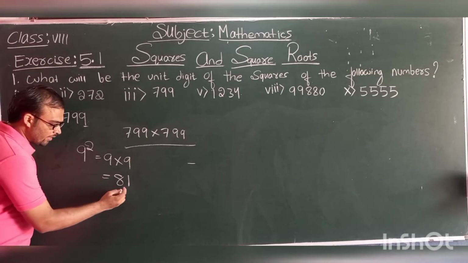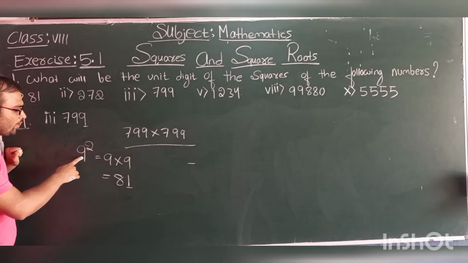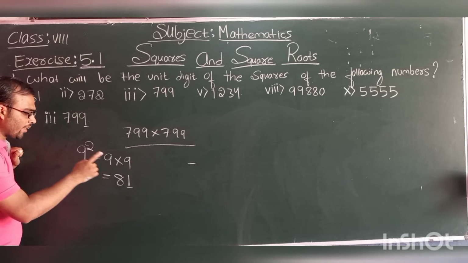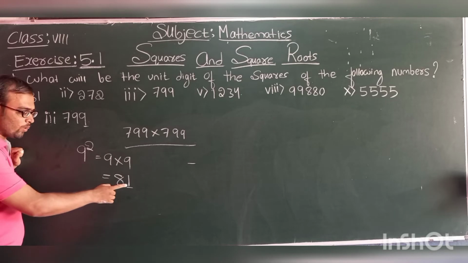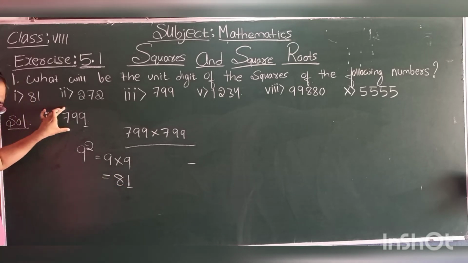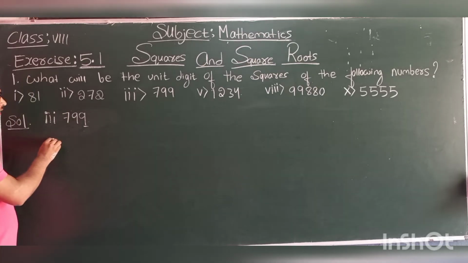And in this number, the last digit is 1. So in 9 square we are getting 1 as the last digit. So the digit at the unit place of the square of this number is 1 only.